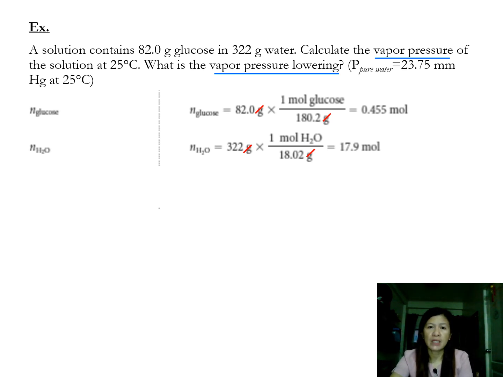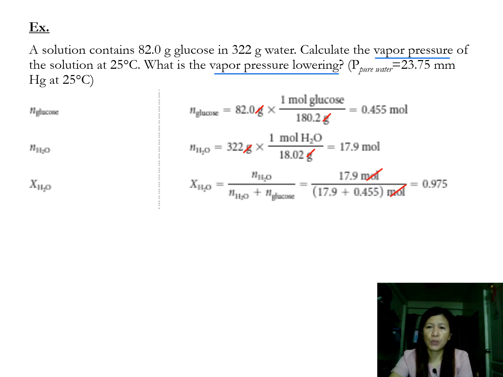For water, we are given 322 grams. To convert that to moles, we use the molar mass 18.02 grams, which is equivalent to 1 mole. We cancel grams and then divide 322 by 18.02. We get 17.9 moles. So 322 grams is equivalent to 17.9 moles of our solvent, water.